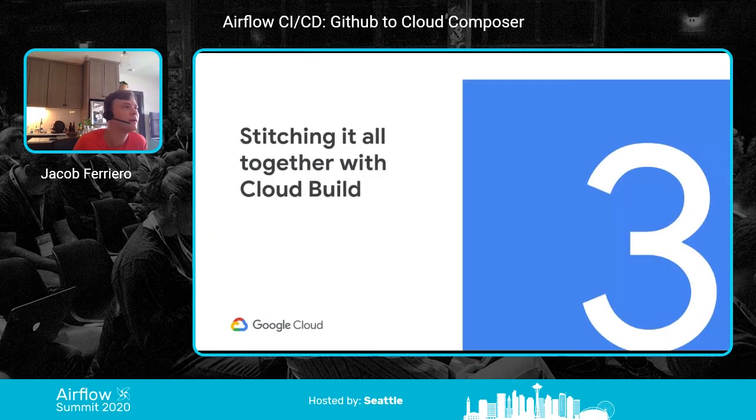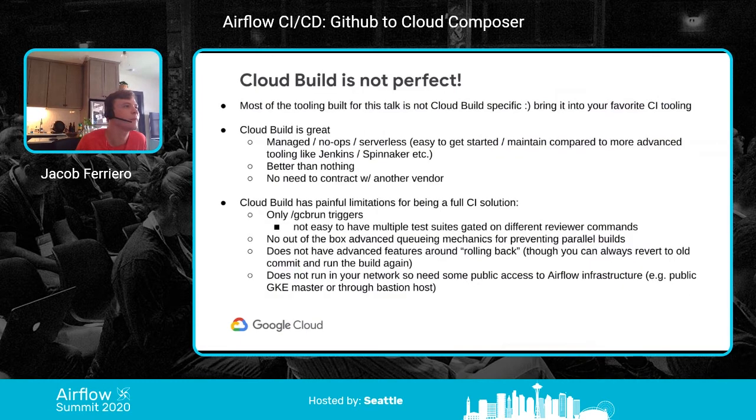And okay, our last step is going to be talking about how to stitch all of these tests together, as well as the Deploy DAGs app, using Cloud Build. One thing I'll say is Cloud Build is not perfect, and a lot of the tooling and concepts in this talk are not really specific to Cloud Build. So please feel free to bring this to your favorite CI tooling.